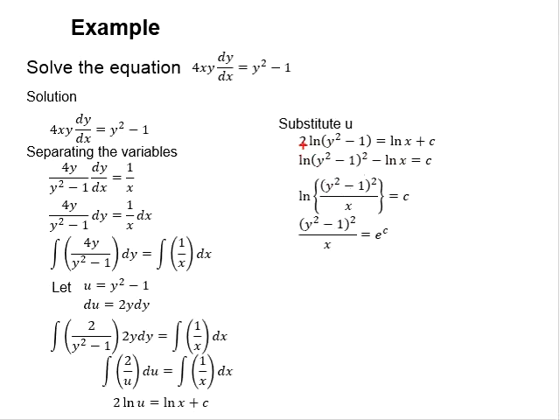Based on the principles of the log, the 2 here can be transformed into the power of the functions here. The relationship between the two ln can be rewritten in the form of this divided by x. With that, you know that the ln of these functions will be equal to c. If you get rid of the ln here, this will become e power of c. And this will be your final solution.